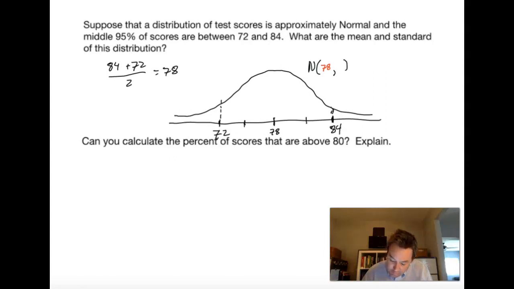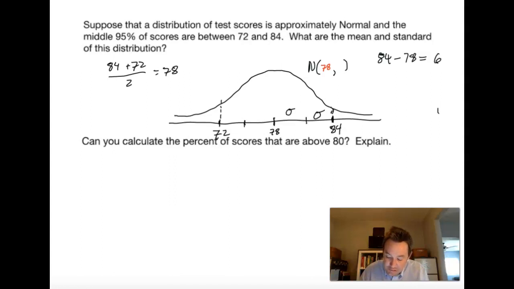Well, this is 2 standard deviations away from my mean. So all I need to do is find that total distance and divide it by 2, and that should be my standard deviation, right? So to find the distance between 2 points on a number line, you subtract larger minus smaller. Give me 6.